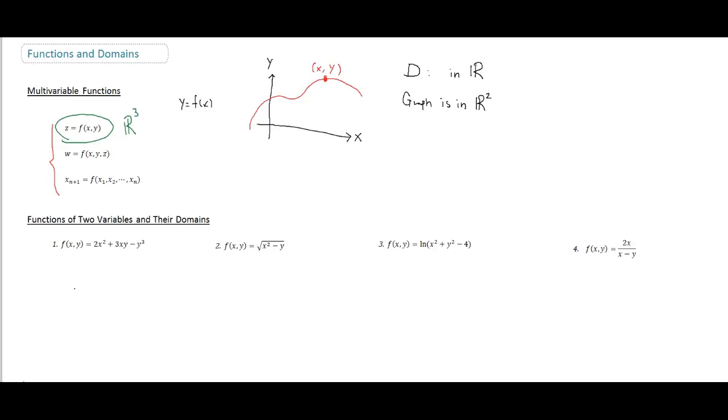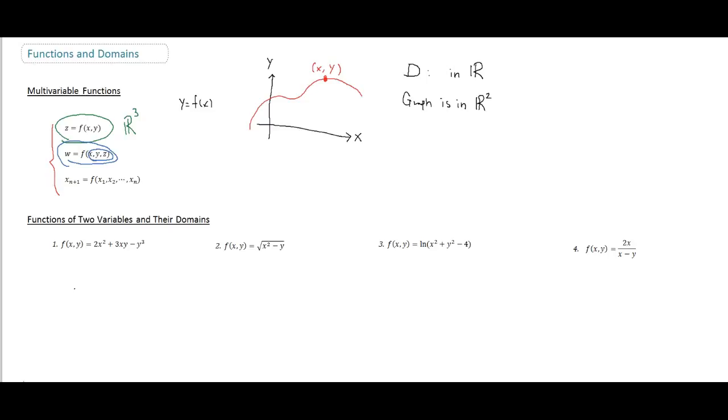For functions of three variables, like this one right here, the domain is given by ordered triples like this, so it sits inside R3, and the domain can be visualized.